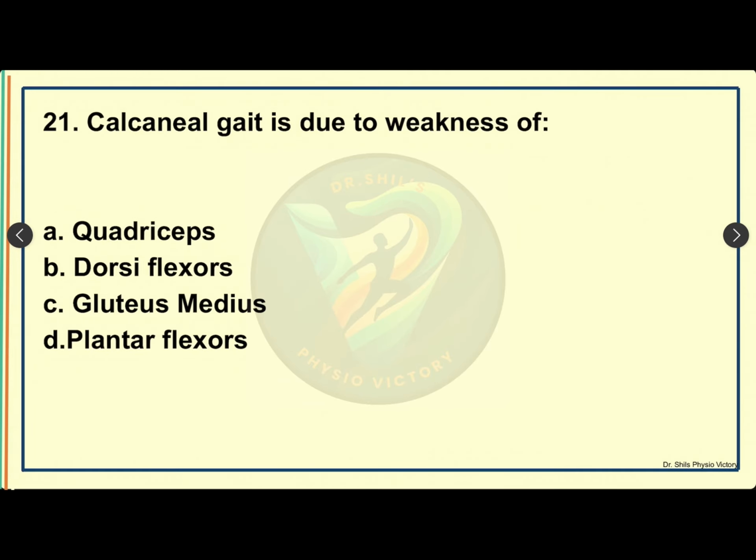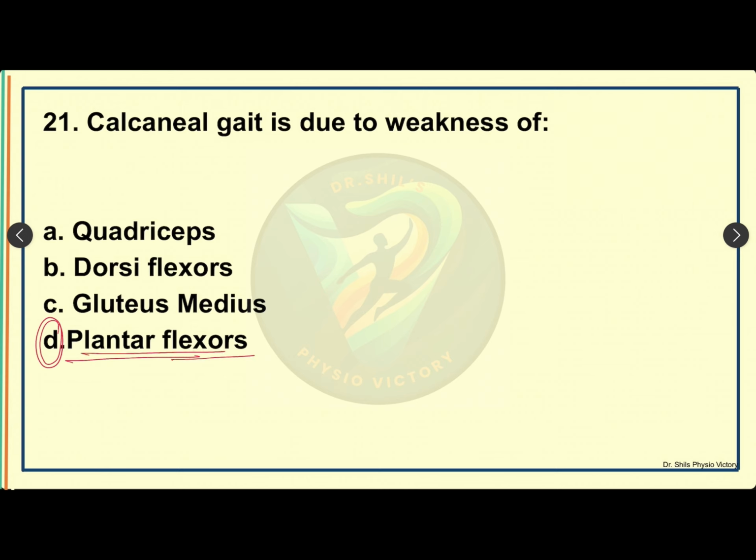Next question, question number 21. Calcaneal gait is due to weakness of option A, quadriceps, option B, dorsiflexors, option C, gluteus medius, and option D, plantar flexor. Here, the correct answer is option D, plantar flexor.